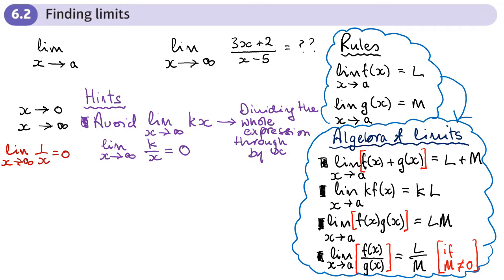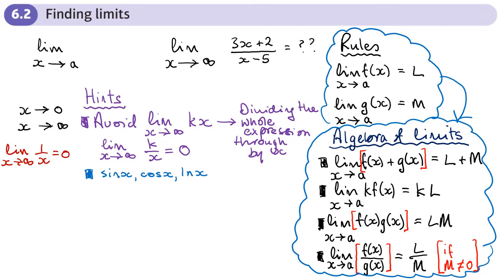Second little tip is, if we see, let's say, sine x, cos x, log x, if we see any of those in the expression that we need to find the limit of, we're going to use a Taylor series expansion for these.